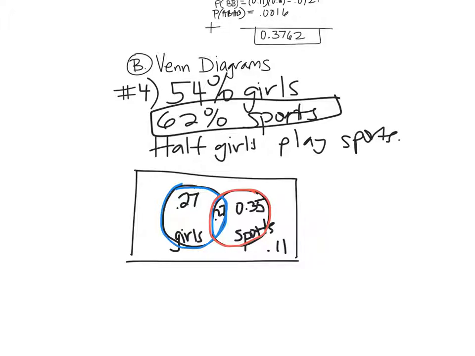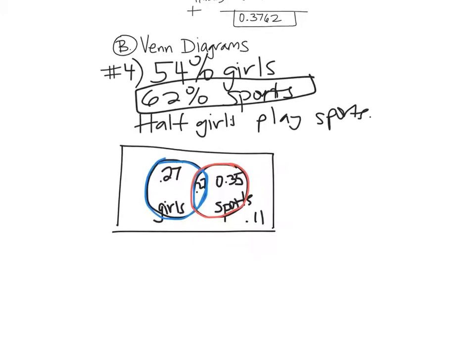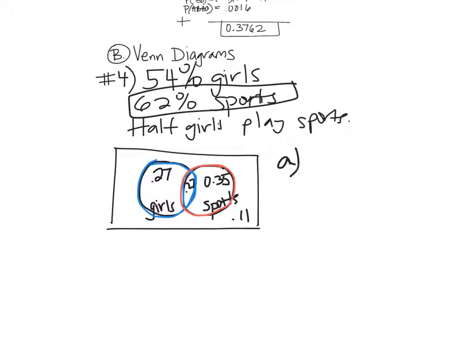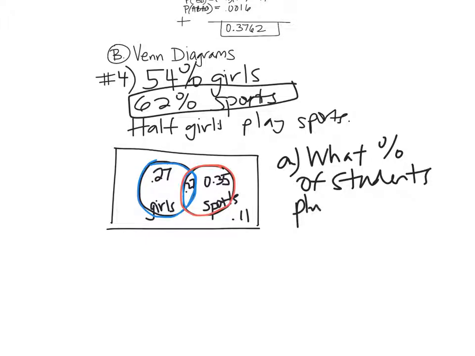Well, let's go ahead and answer their question. And these are tricky. These are hard. So letter A. It says here, what percentage of the students who play sports are boys?